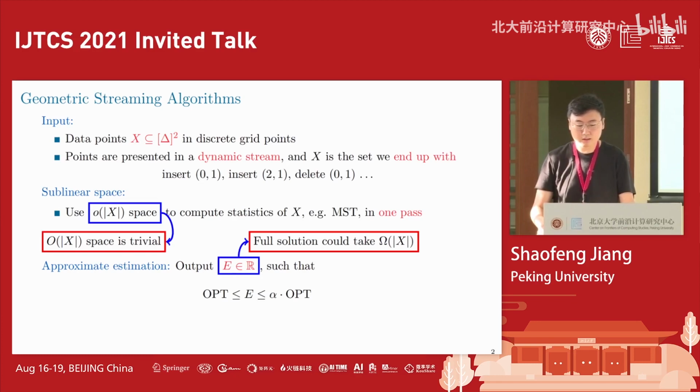Note that for many problems, for instance the MST that we mentioned, storing a full solution already requires omega of |X| space because it takes all these edge connections. So it makes the problem trivial. So we want to consider the estimation version of the problem, where we only care about the value of it. So that's the setting.